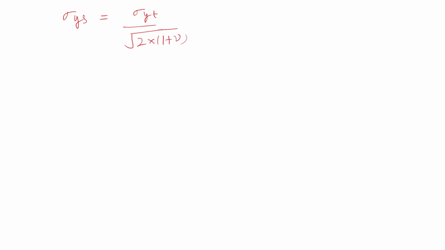So if mu equals 0.3, then this sigma ys is 0.625 times sigma yt. So this is the ratio or relationship between yield strength in shear to yield strength in tension according to total strain energy theory.